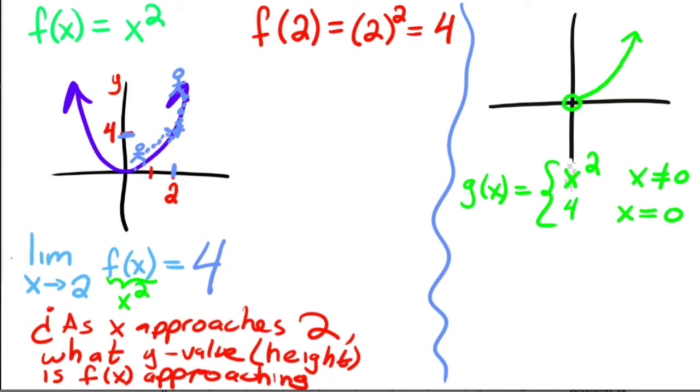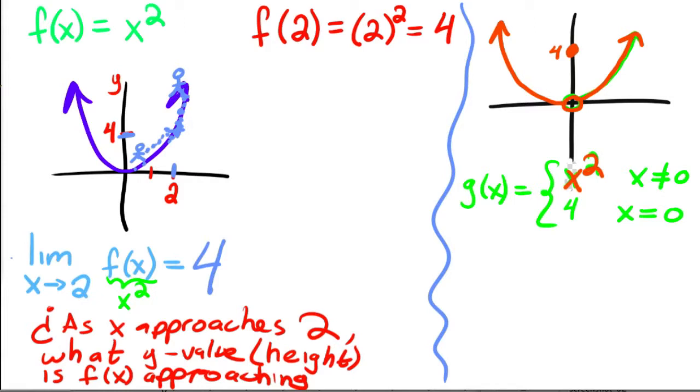And let me actually change the color. I don't like this color very much. Okay, so everywhere except for x equals 0, it equals x squared, same as this function over here. But at x equals 0, my function is equal to the number 4. Okay, so this is what this function looks like.